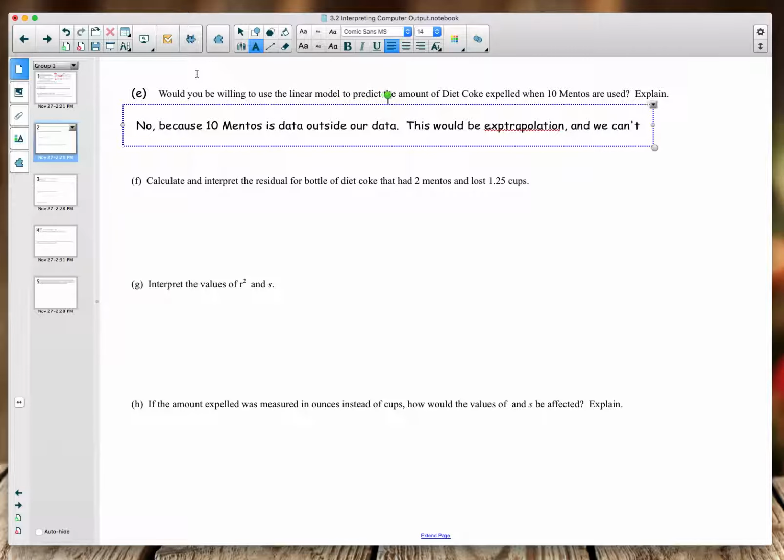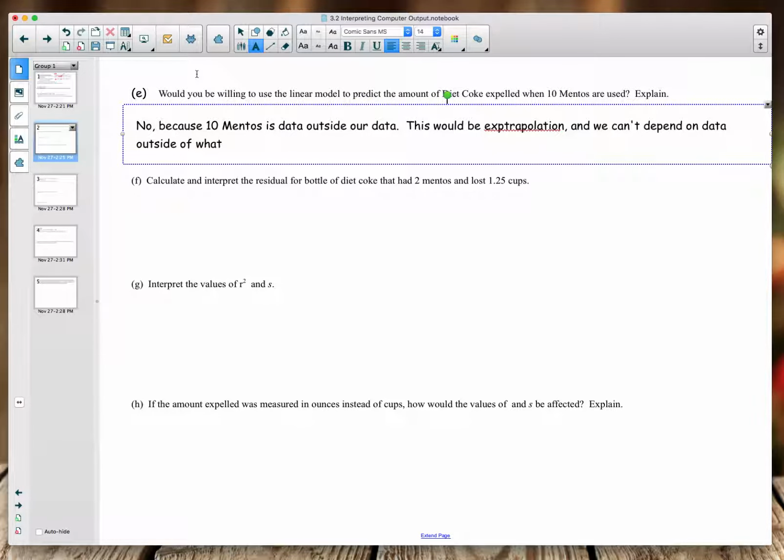And we can't depend on data outside of what's given because we don't know if the linear pattern continues beyond 5 Mentos.